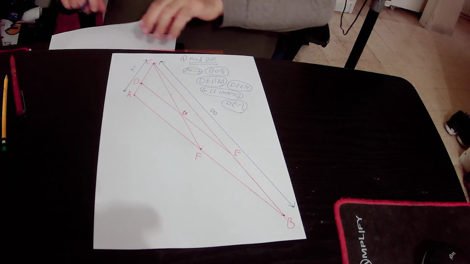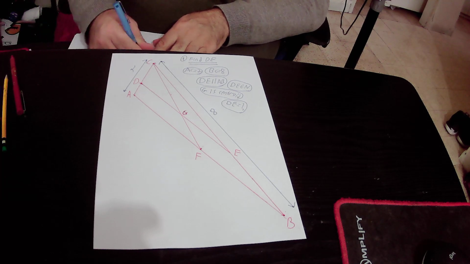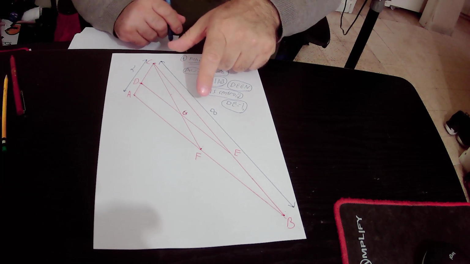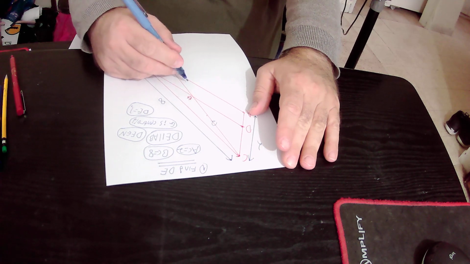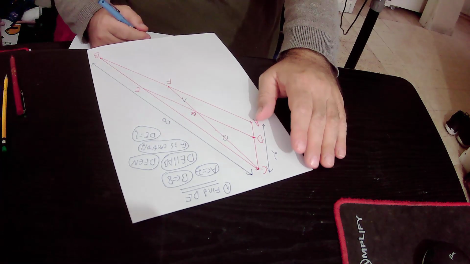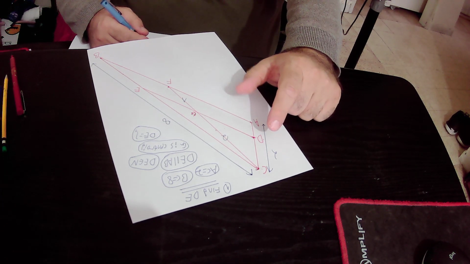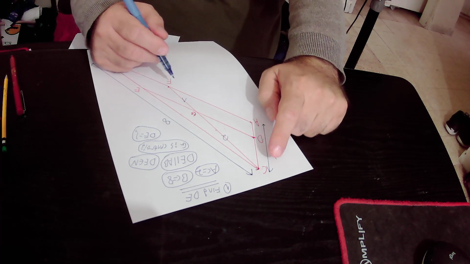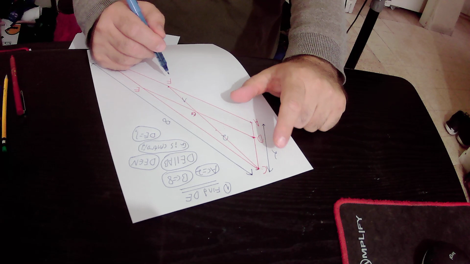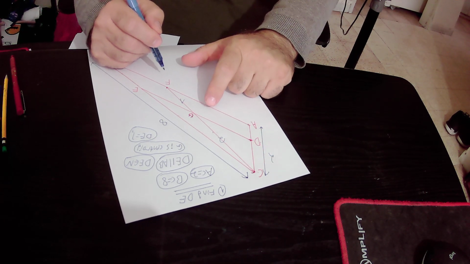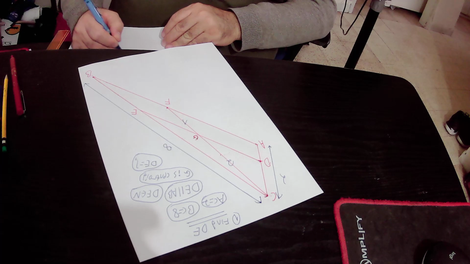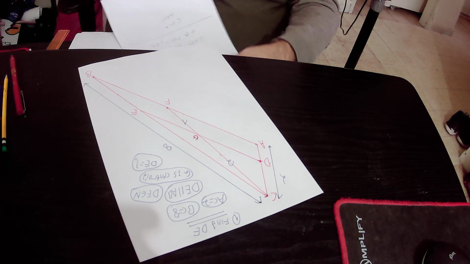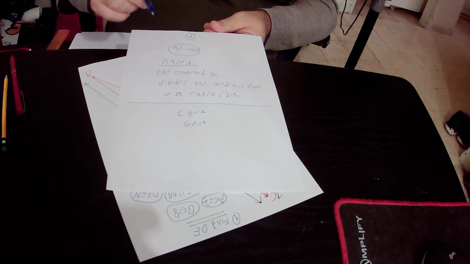That is to say that if CG equals 2 units, then GF will be equal to 1 unit. That is the meaning of rule number 1.